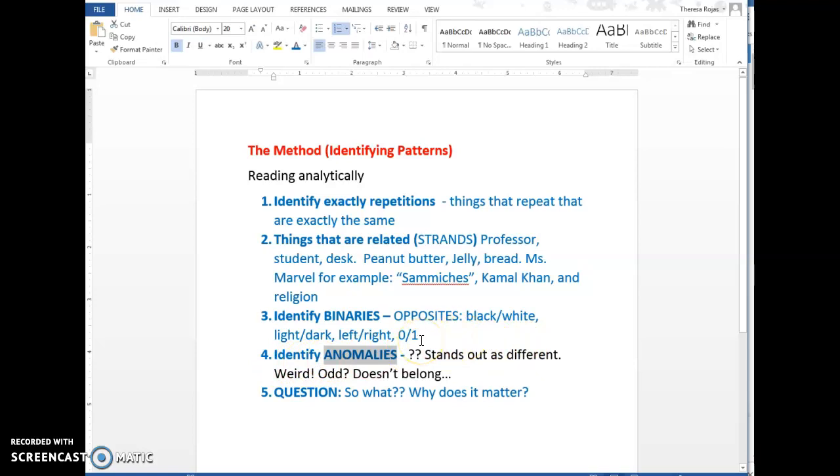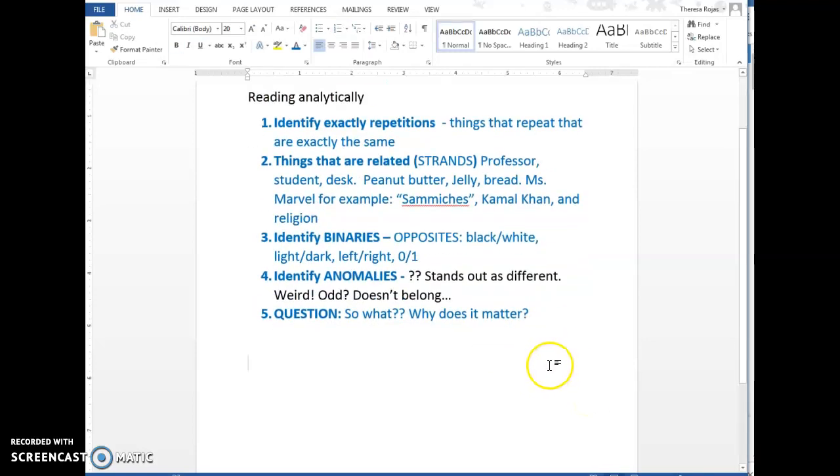Why does it matter that all of a sudden there's a character dressed in red when the whole rest of the thing was black and white? The answer to that question gives you potential material to discuss in a paper or in a conversation. So you want to attempt to answer that question.